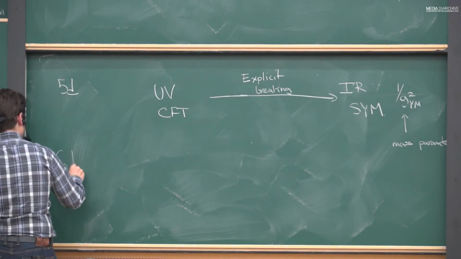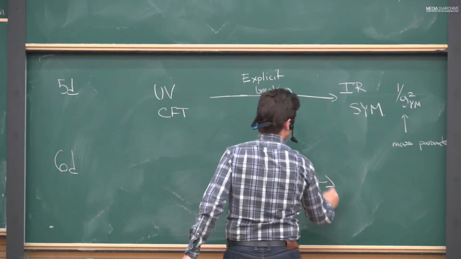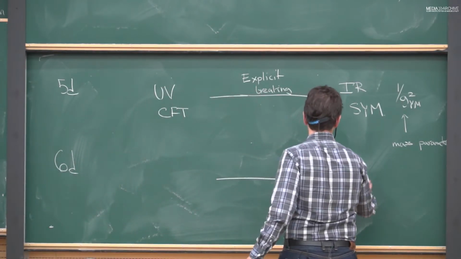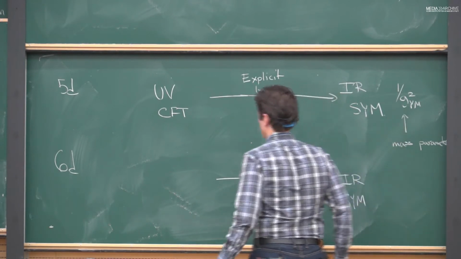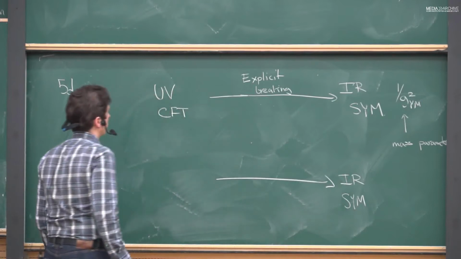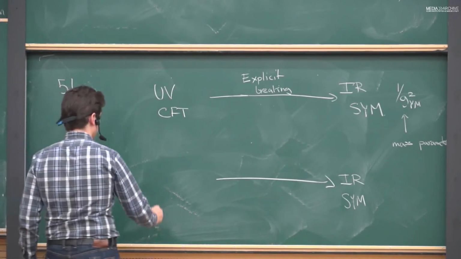Finally, let's come to 6 dimensions. This is such a compelling picture, you could ask, could it happen in 6D? Why not? Maybe this could still be a mass parameter. But actually, we've now proven that it's impossible. There's no UV completion in field theory.